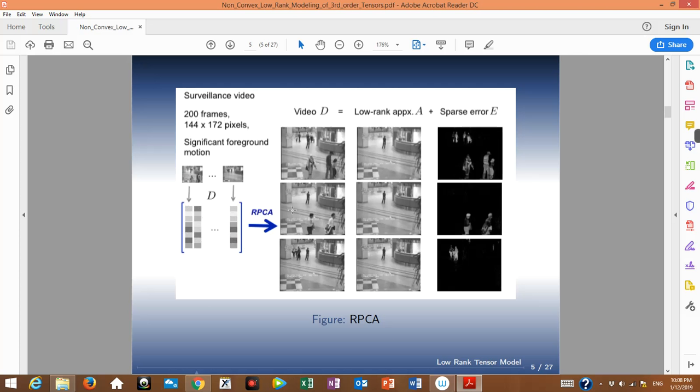Then we can use robust PCA to recover the low rank background of the video data plus a sparse error. This is the application of robust PCA to matrix data.